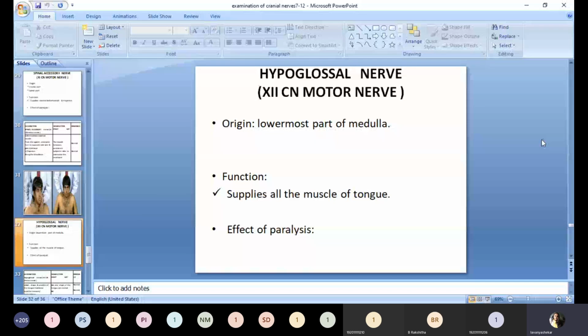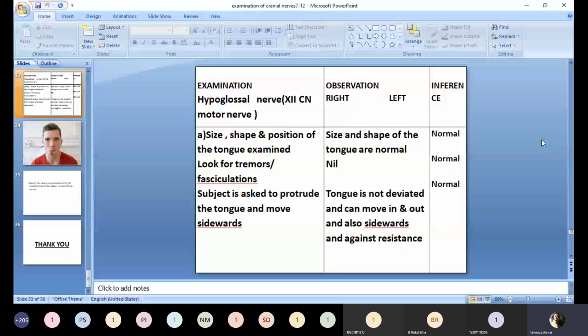First you will ask the subject to protrude his tongue. You are going to observe the size, shape and position of the tongue. Whenever the subject protrudes his tongue, you will also observe whether there are any tremors or fasciculations in the tongue. If the size and shape of the tongue is normal, then the inference will be normal.